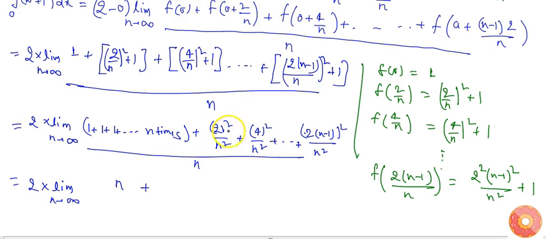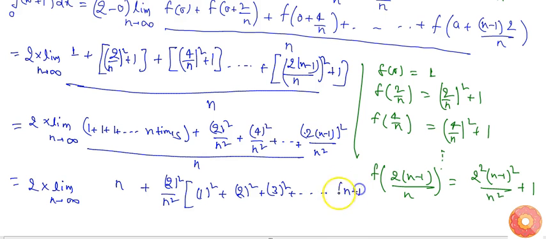plus, from here if I take 2 square common, I get 2 square by n square times 1 square plus 2 square plus, since the next term is 6 square, if I take 2 square common the remaining term will be 3 square, up to (n minus 1) square.